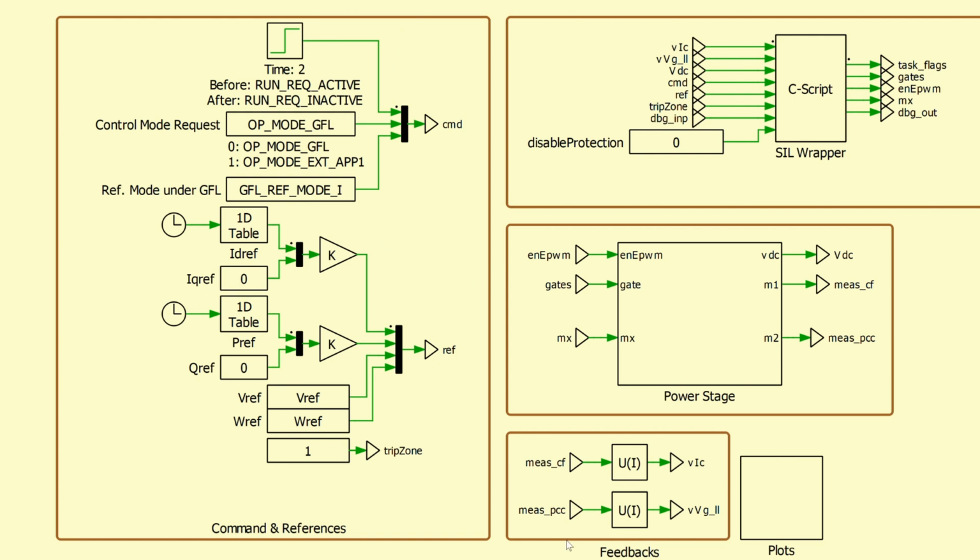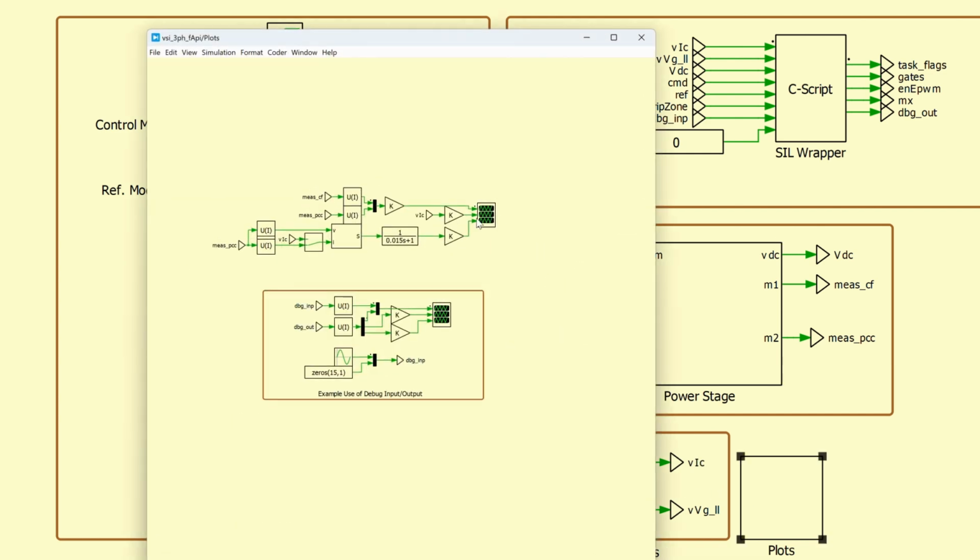Feedbacks and plot are more or less straightforward. Feedbacks takes the measurement from the power stage subblock, and then plot just plots the measurement signals and potentially the debug signals.